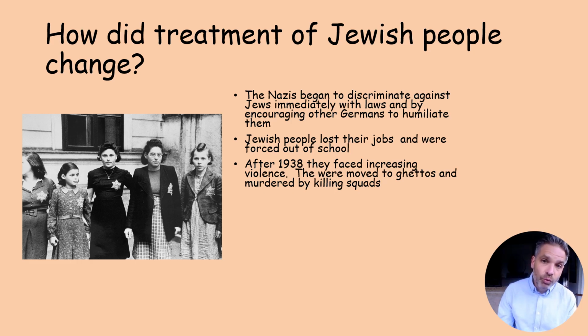These are the walled-off areas of towns in which there is very little access to decent food or clean water, in which disease runs rife and many Jewish people die. When the war begins, this process of moving Jewish people into the ghettos continues in Eastern Europe, in cities like Warsaw, etc. But there are also mobile killing squads used to murder Jews as the Nazis move eastwards through Eastern Europe and into Ukraine.